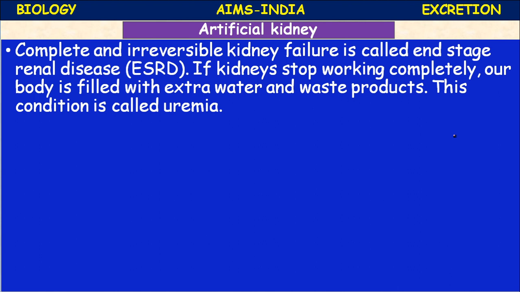So this condition is called uremia. Uremia is the condition when kidney failure occurs, the body is filled with extra water and waste products. What do you call that condition? Uremia. Okay. Especially the limbs, hands or feet, they swell.